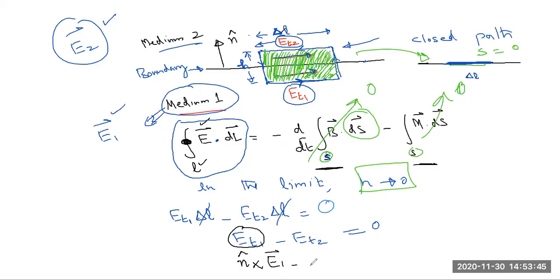And similarly, if I take the cross product of the unit normal vector with E2, that is going to give me the tangent component. So ET1 can be written in this form and ET2 can be written in this form, and that must be equal to 0. So this is going to be our third boundary condition.